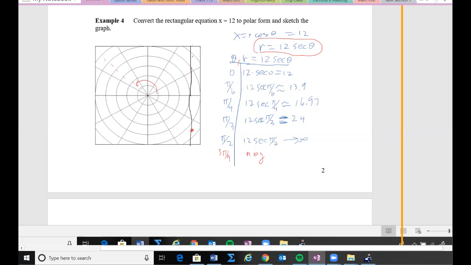And I jumped to 3 pi over 4. We could have stopped at another intermediate angle in here, like maybe 2 pi over 3. It's still going to be some negative number. Let's go ahead and put that in the calculator, 2 pi over 3, just for the fun of it.